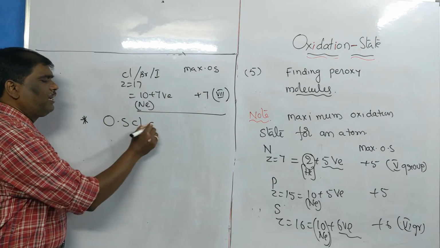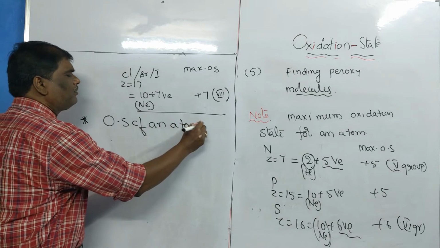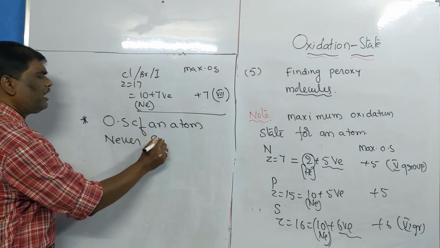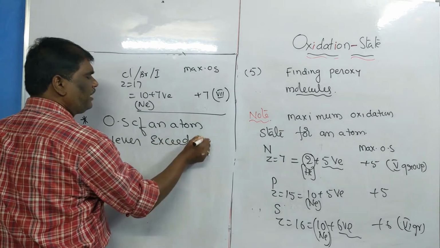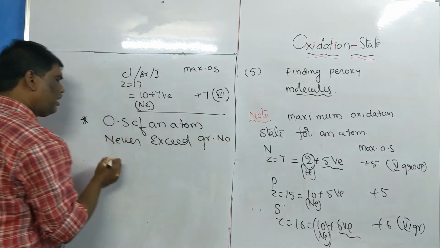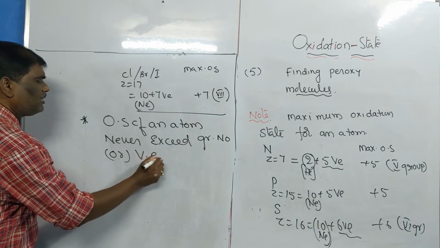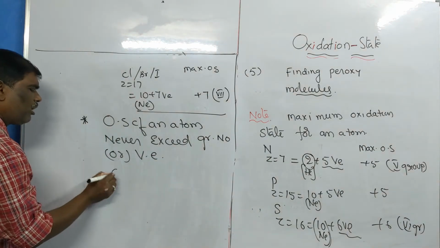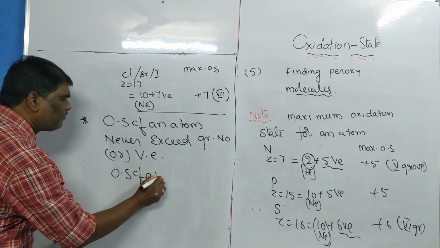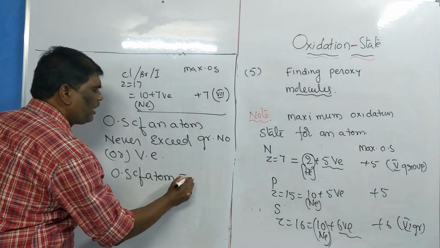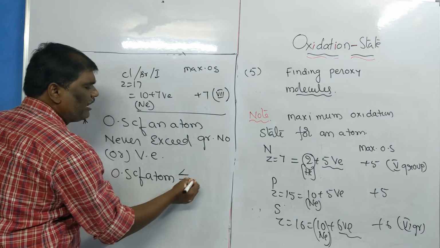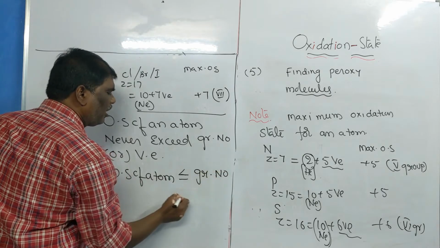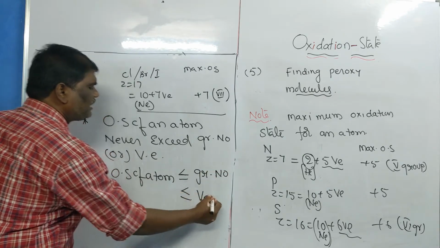The oxidation state of an atom never exceeds the group number or valence electrons; it should be equal or lower. The oxidation state of an atom is less than or equal to the group number, or less than or equal to the valence electrons.